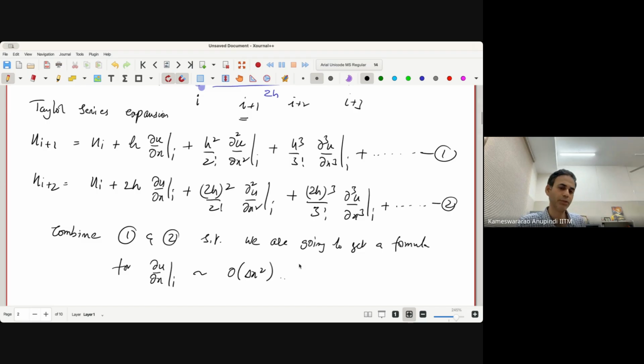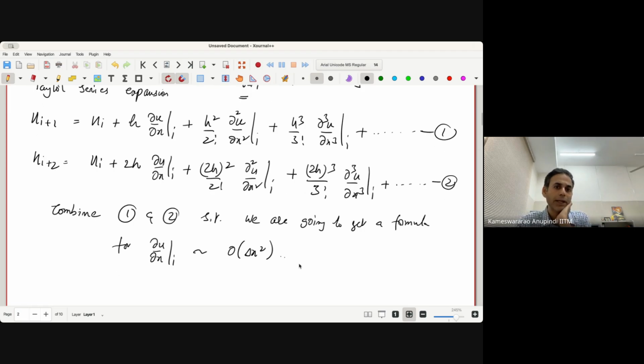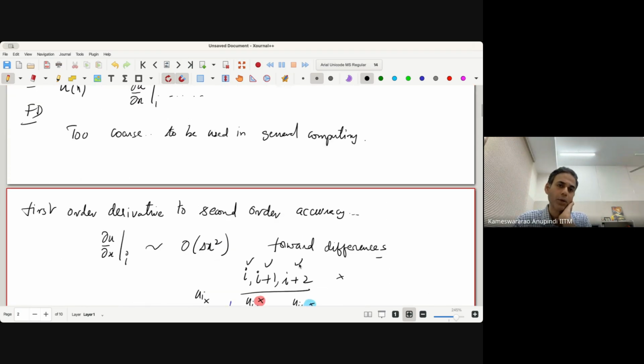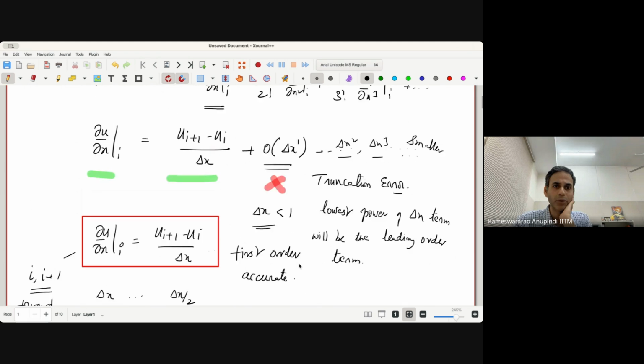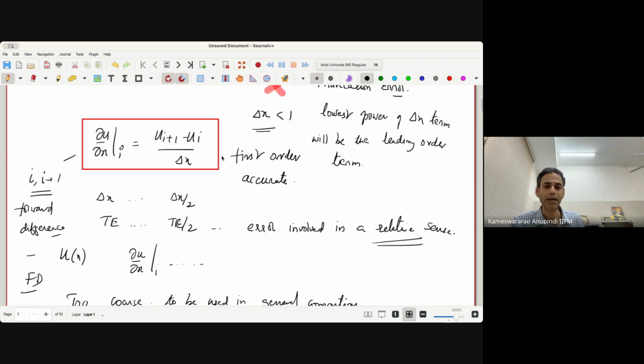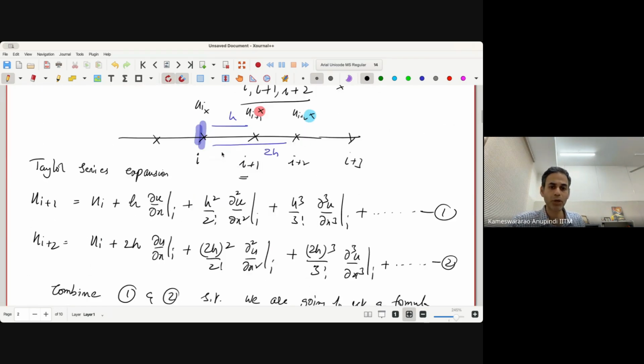That is our objective. Earlier it was easy because I just had only one term. We expanded about ui plus 1, and then we could just take this to the left-hand side and obtain an expression for dou u by dou x at i. Now I have a little more complication.